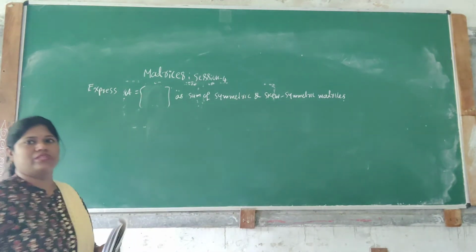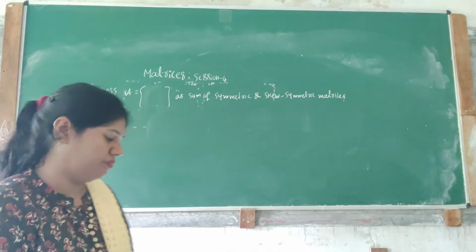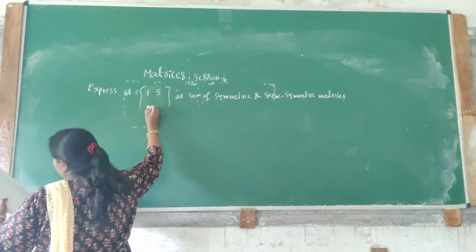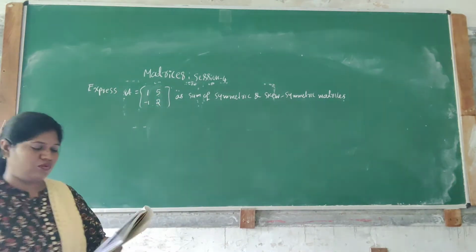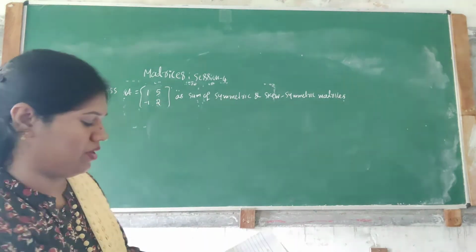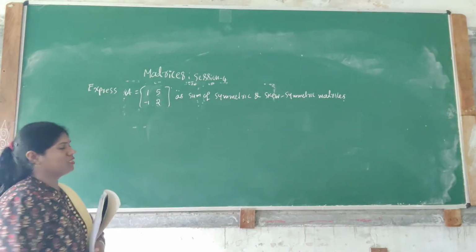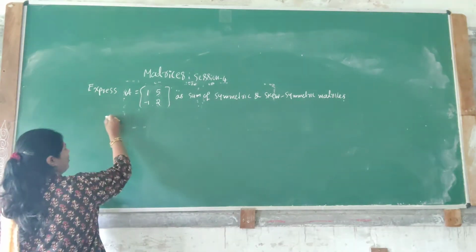Second example. A equals 1, 5, minus 1, 2. We have to express this as a sum of a symmetric and a skew symmetric matrix. What is the formula?